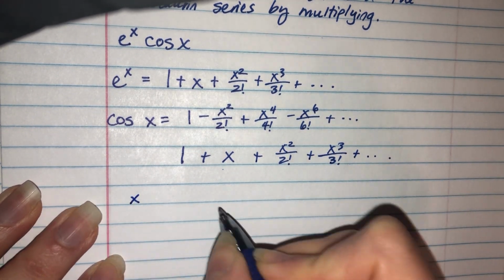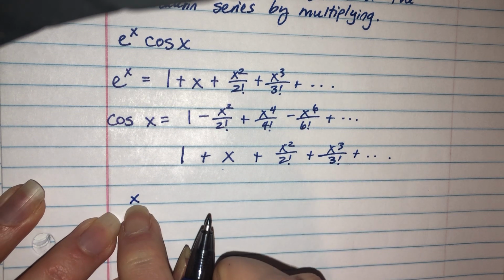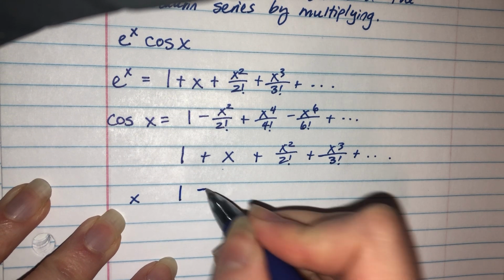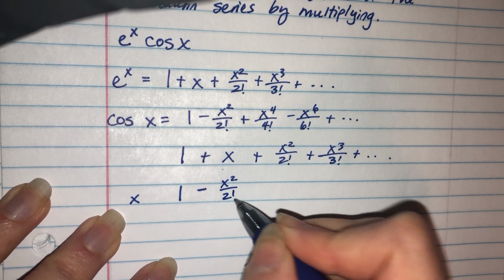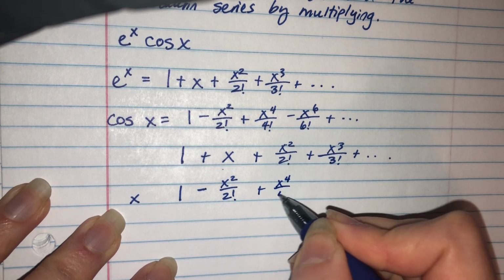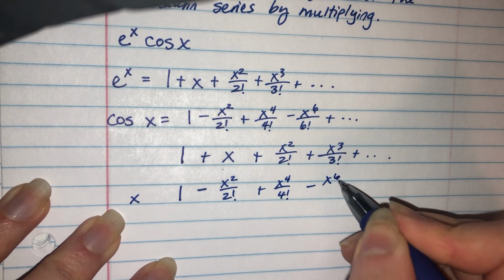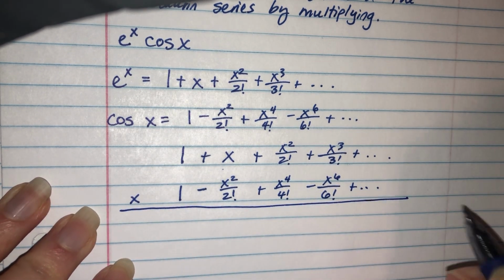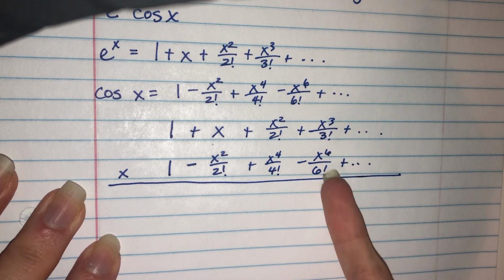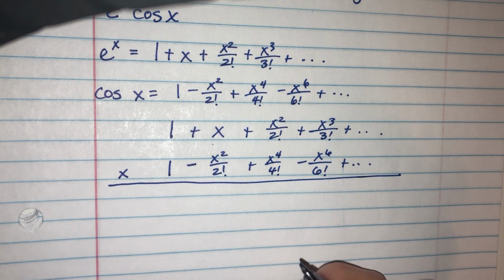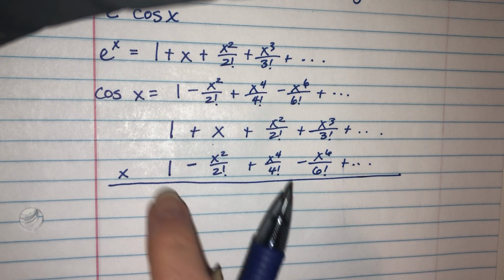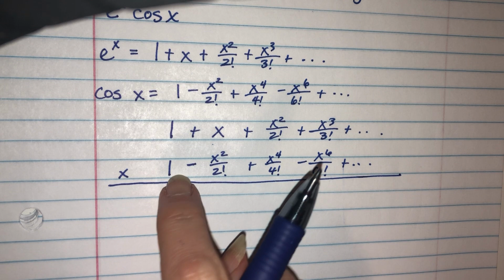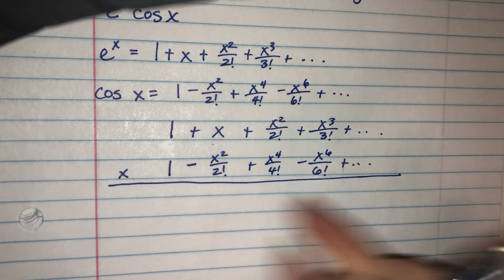And we're going to multiply that times, this is not an x, this is like the old school multiplication symbol, 1 minus x squared over 2 factorial plus x to the 4th over 4 factorial minus x to the 6th over 6 factorial plus dot dot dot. Now, normally when you're in elementary school, you learn to multiply starting on the right side, but we can't do that this time because it goes on to the right forever. So we're going to start on the left side. I'm going to start with this one, and I'm going to multiply it times each of the numbers on the top and list those out.